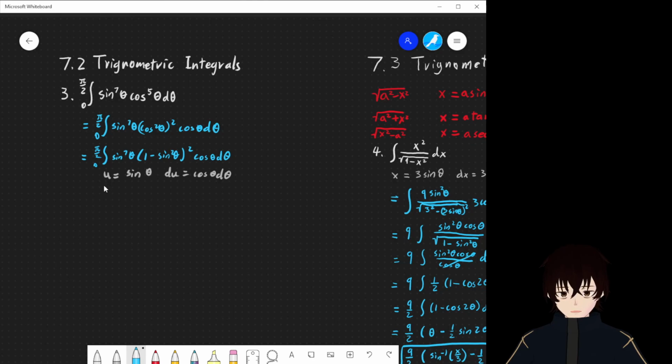Then we would have the integral from somewhere to somewhere of u to the 7th power times 1 minus u squared squared du. Solve that, we get u to the 7th power times 1 minus 2u squared plus u to the power 4 du.